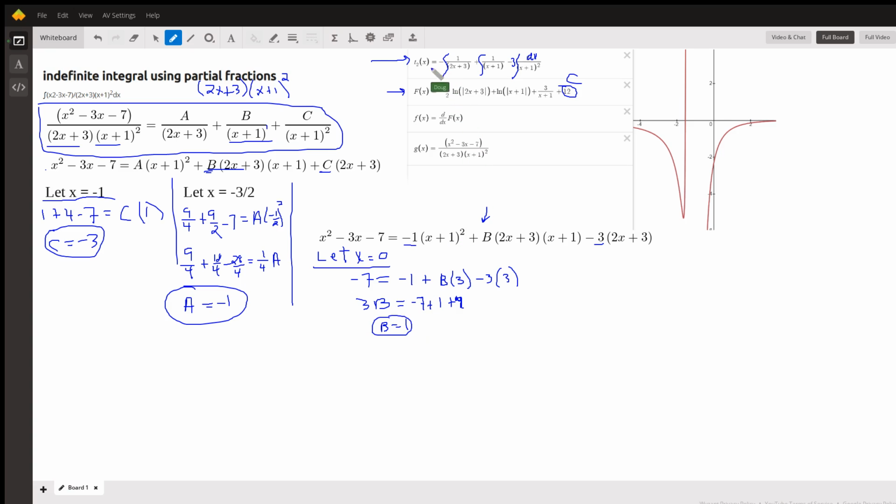Okay, and now I can rewrite the original integral as this set of partial fractions added together. A is replaced with -1, b is replaced with 1, c is replaced with -3. So if I want to find the antiderivative of that, I can take the antiderivative of each term.